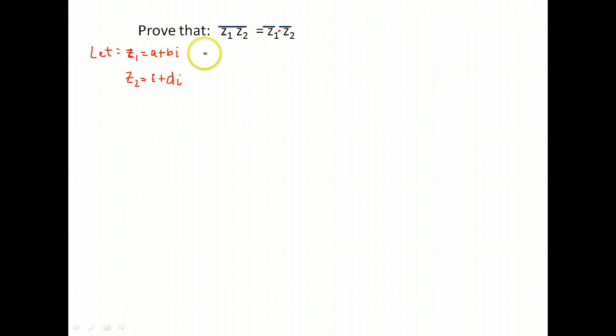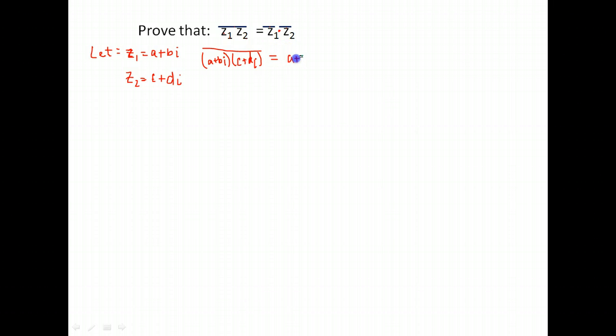Okay, so let's fill this in. On this side, we're multiplying them first and then taking the conjugate. So we would have the conjugate of a plus bi, our first number, times c plus di, our second number. So again, that means we're multiplying and then doing the conjugate. On this side, we're doing the conjugate of each one.